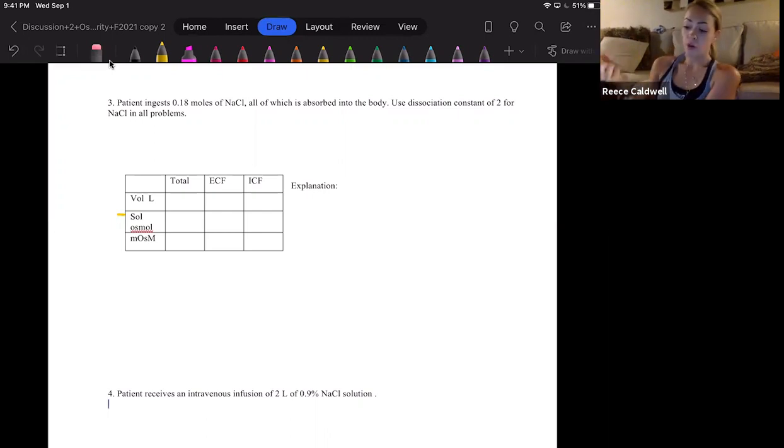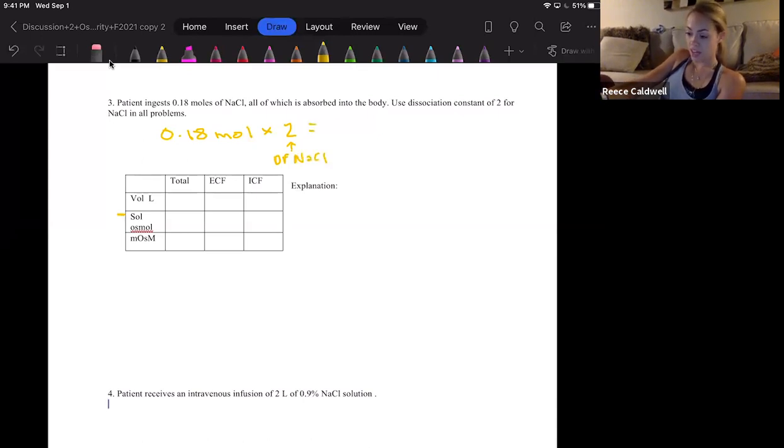So to convert moles into osmoles, does anyone remember what we do? What do we do when we're converting moles to osmoles? We multiply by the dissociation factor. And the dissociation factor for sodium chloride is 2.